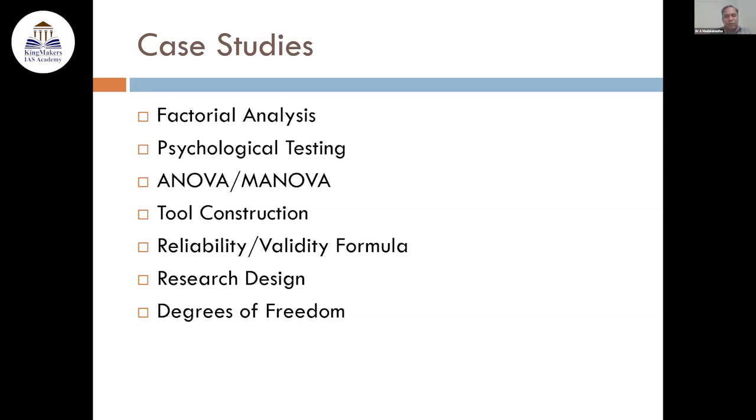But since they have computerized it and parallel exams are happening, now you need to learn different types of case studies, from psychological testing as well as research methodology and a combination of statistics.